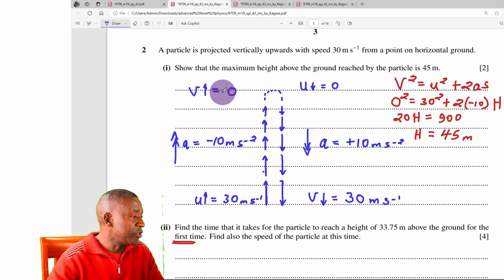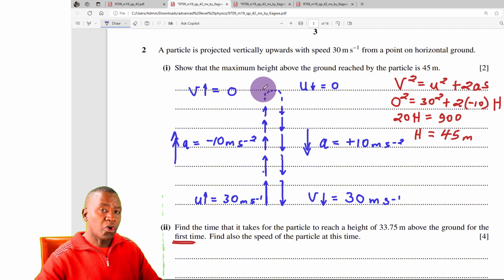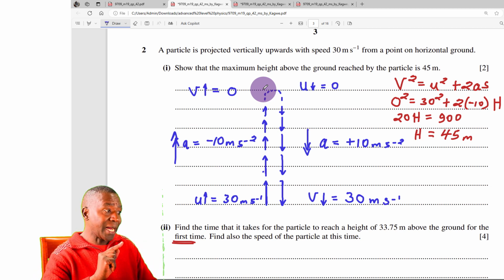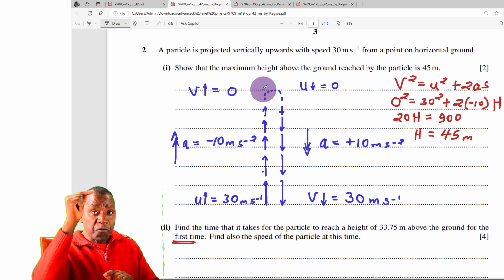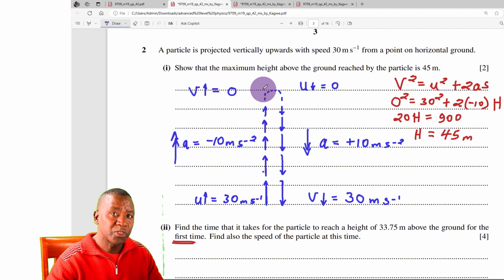So where we are using v as 0 because we are talking about motion of the object upwards, that v being 0 becomes u being 0 for the motion downwards. So don't get confused there. So that diagram, I hope, helps you to understand that.